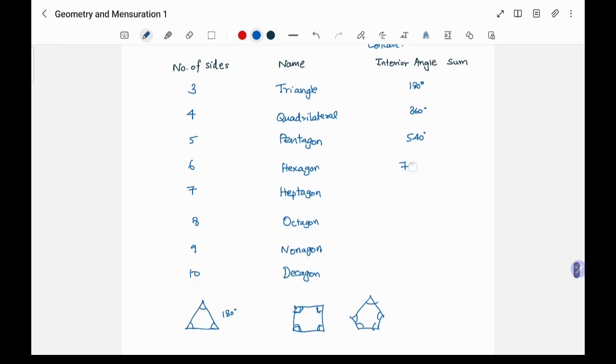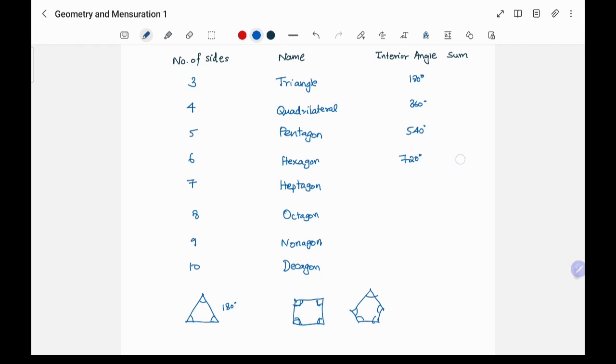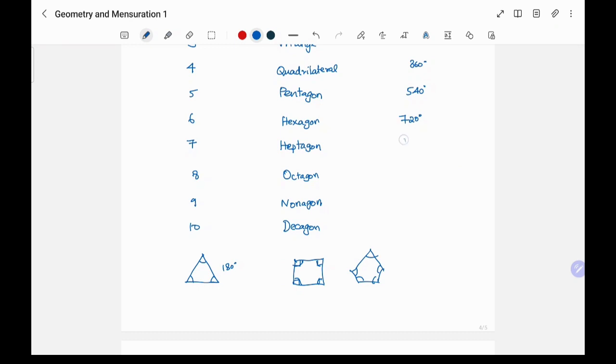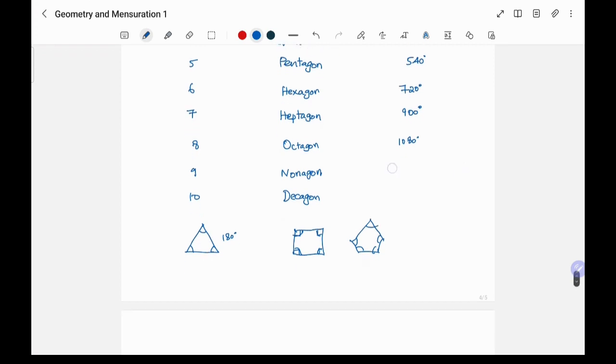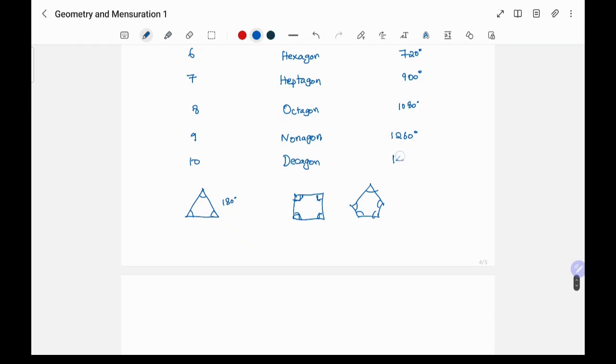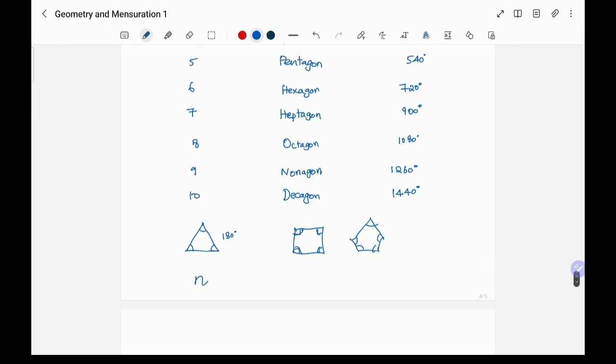So for hexagon, it is another 180 degrees, which is 720 degrees. For heptagon, it is 900 degrees. For octagon, it is 1080 degrees. For nonagon, it is 1260 degrees. And for decagon, it is 1440 degrees. In general, for an n-sided polygon, it is (n minus 2) into 180 degrees, right?